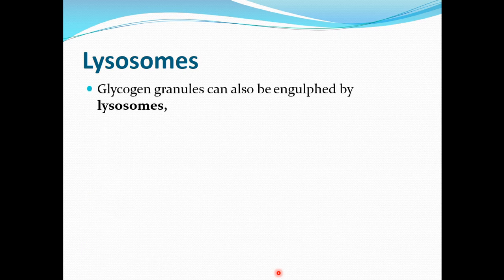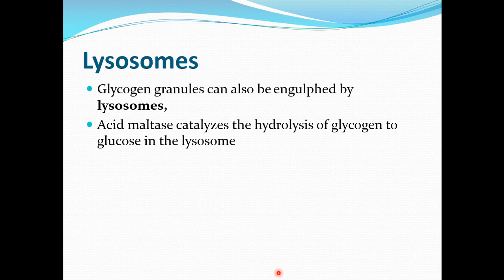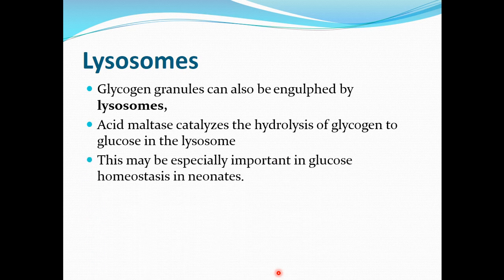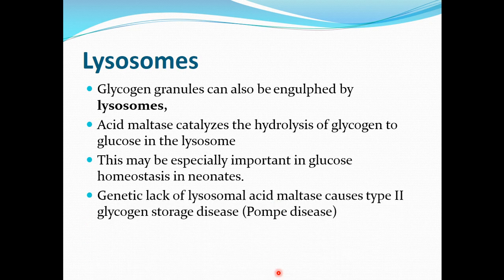Glycogen granules can also be engulfed by lysosomes, where acid maltase catalyzes the hydrolysis of glycogen to glucose, and this may be especially important in glucose homeostasis in neonates.